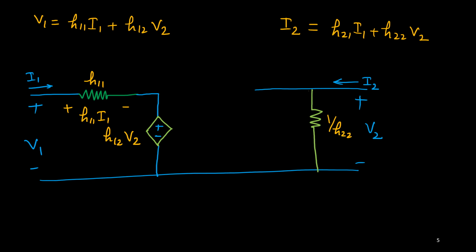Then the current through this branch will be V2 upon 1 upon H22, meaning V2 times H22.